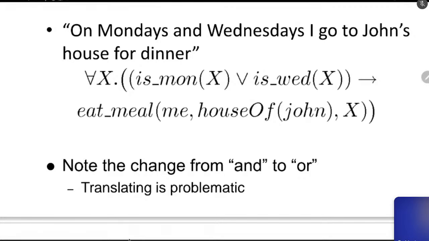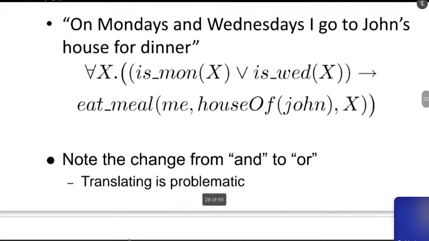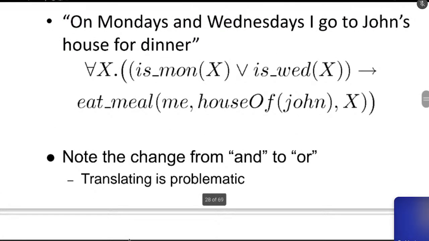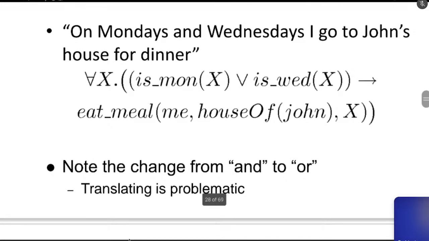So you can get as creative as you want. You can create your own predicates. Here they've created their own predicates, and they're using all kinds of things here. If you notice, it says on Mondays and Wednesdays I go to John's house for dinner. But if you look at the predicate logic, we're using the connective or.